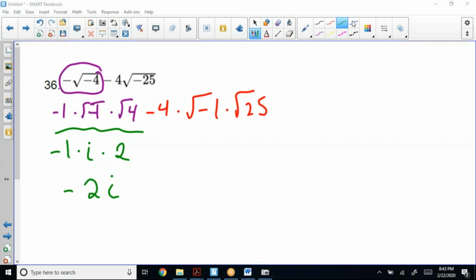All right, now we can get back. And then down here we have -4 times i times 5, right? So that's -20i. And these combine to give you -22i.